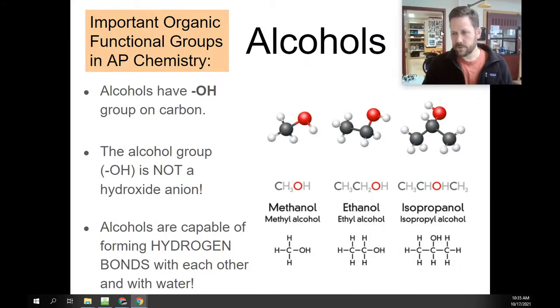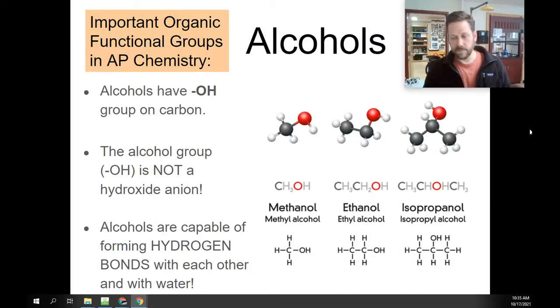Alcohols are the first type of organic molecule we should be familiar with. And there's methanol and ethanol and propanol, which can be isopropanol if the alcohol group is on the number 2 carbon, or it can be 1-propanol if it's on the first carbon. And those are different isomers of propanol.